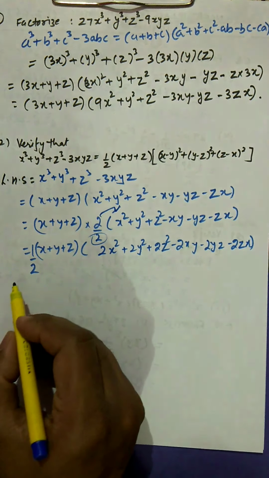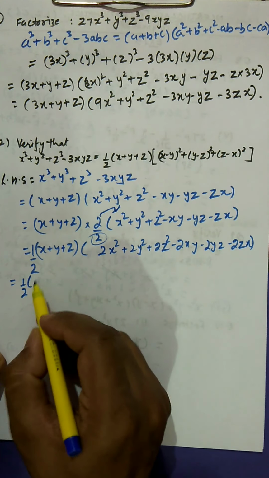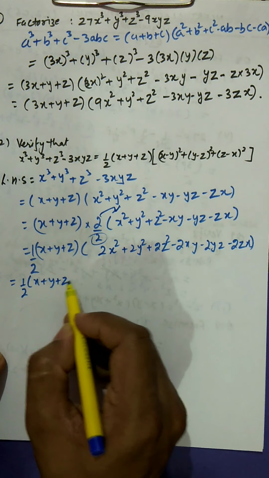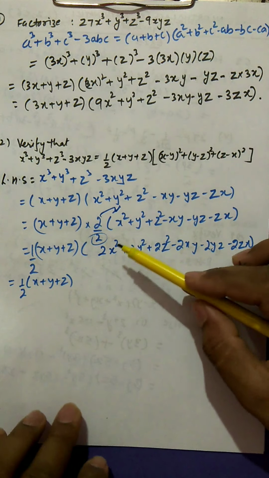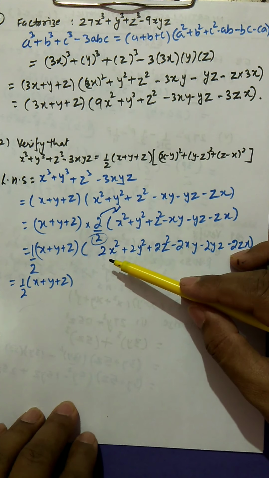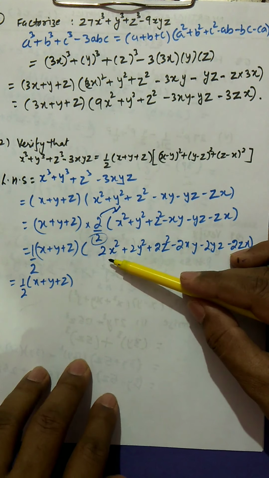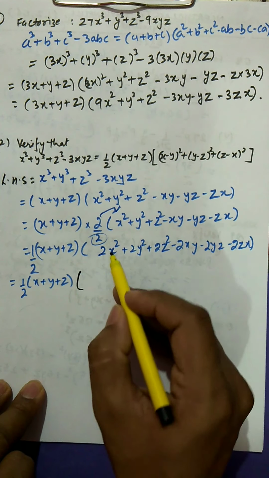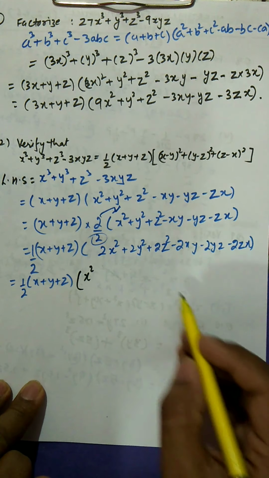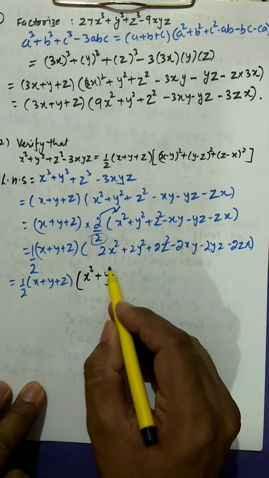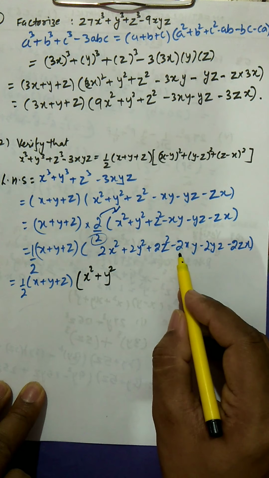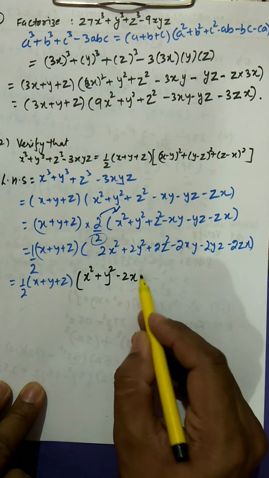So after this step, you can write 1 by 2, x plus y plus z. Now this is twice of x square, so it can be written x square plus x square. I am going to take this x square and one y square, and I'm taking this minus 2xy.